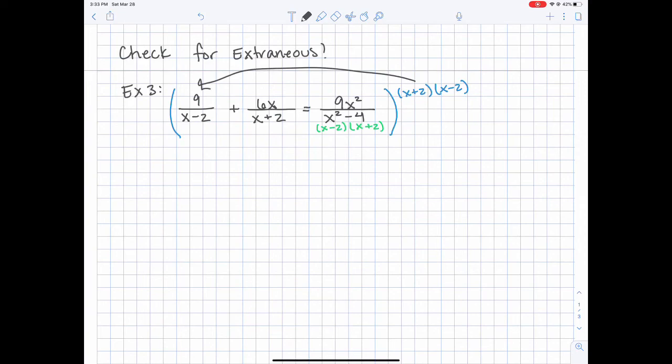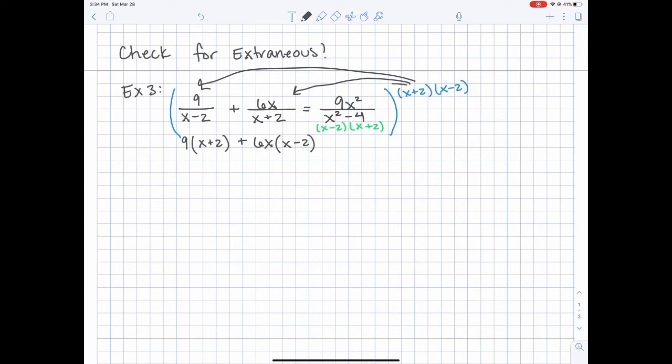Now the x minus 2's are going to cancel out, but we're still left with 9 times x plus 2. Next term, plus 6x times, the x plus 2's cancel out, but x minus 2 is still involved.